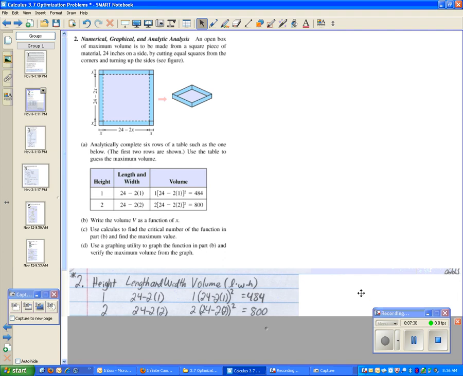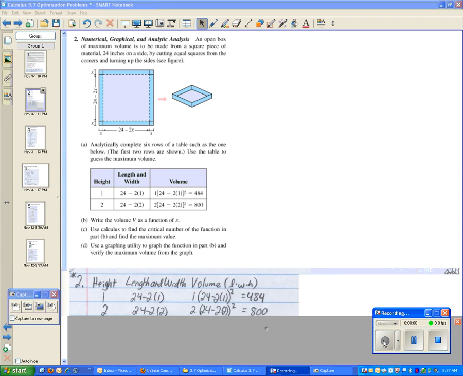We have the height as the first column, then the length and width, because the length and width are the same, since it's a square to start with and we're cutting out a square on each corner. And then the volume. For a rectangular prism, the volume is length times width times height.